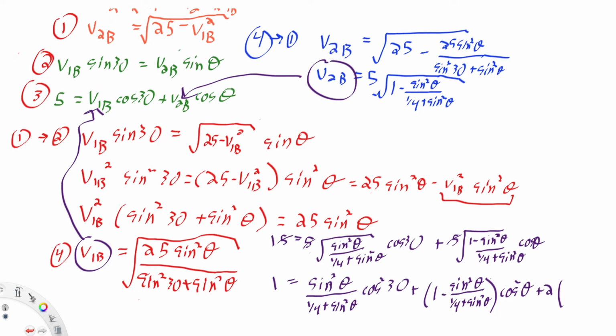All right. Now that we've got the angle, most of the work is done. We can take this equation in blue we have right here, and now that we have the angle, we can just say V2B is equal to 5 times the square root of 1 minus sine squared of 34 over 1/4 plus sine squared of 34.